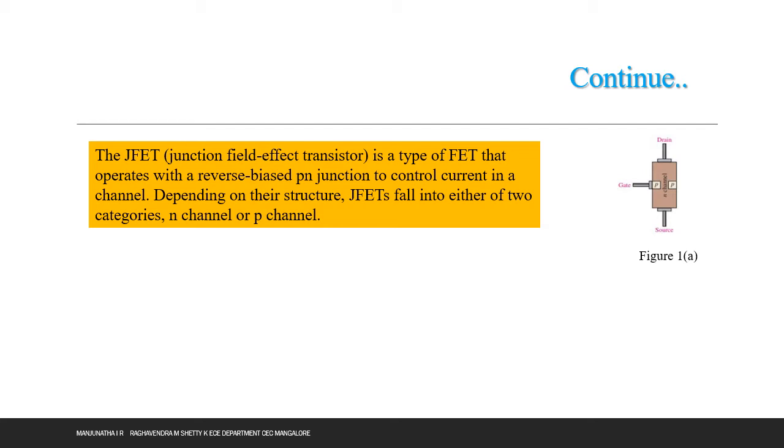That depletion width can vary with an external voltage source. I'll discuss that again later. And in this N channel, when current is driven between the drain and source, it is mainly due to electrons which are present in the N channel.